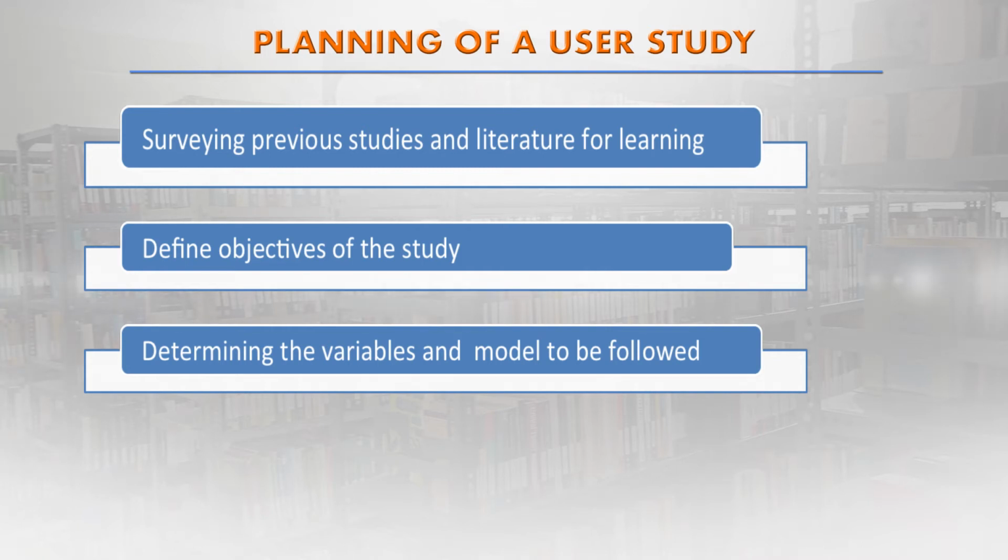Now, variables could be like what resources people want most, what databases people want to search, whether people want to search Indian databases only, how frequently those databases should be updated, whether they also need vernacular language resources or not. Such are the variables.